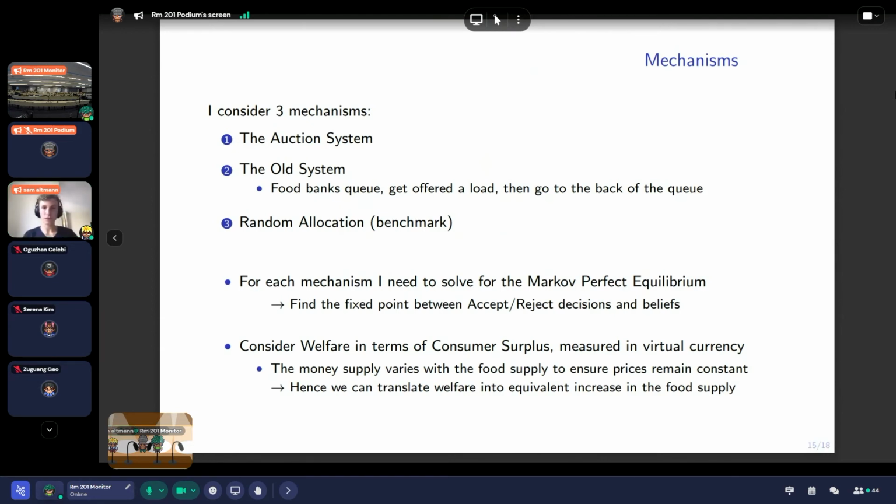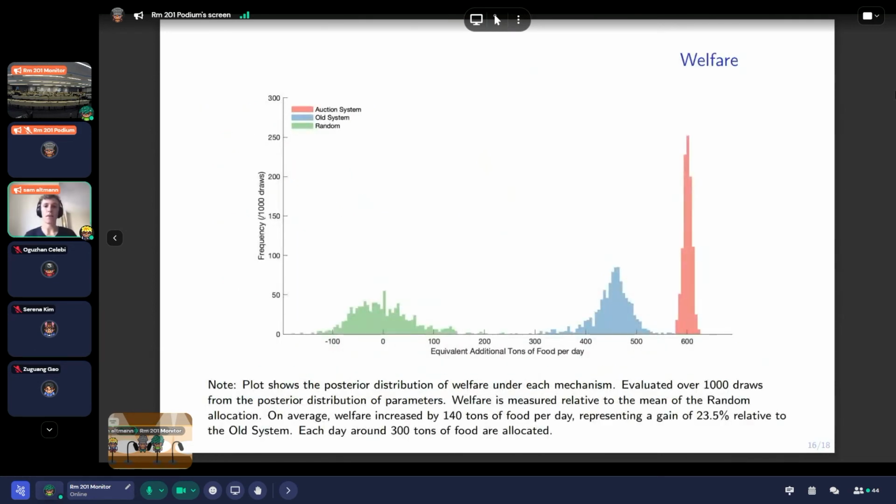Next. And so here are my main results. In red, we have the posterior distribution of welfare under the auction system, and we can see that it's significantly higher than welfare under the old system, to an amount of around 140 tons of food per day, which should be viewed relative to the 300 tons of food that are actually allocated each day.